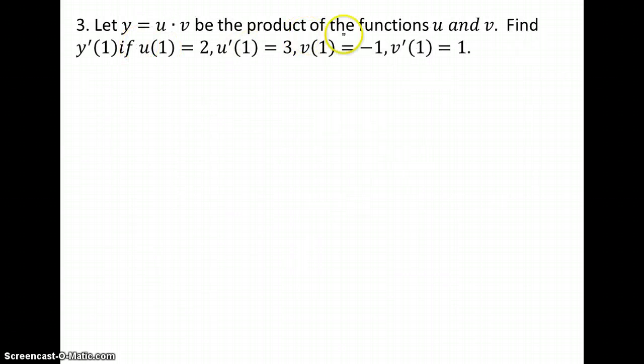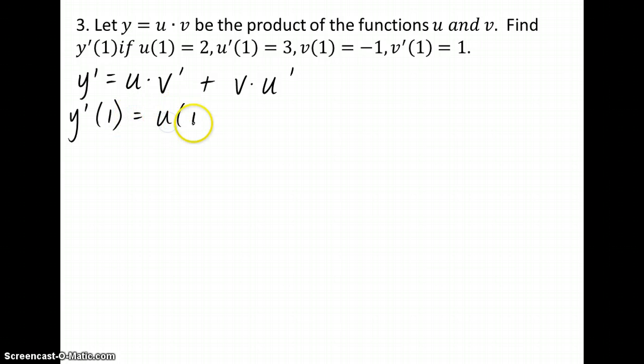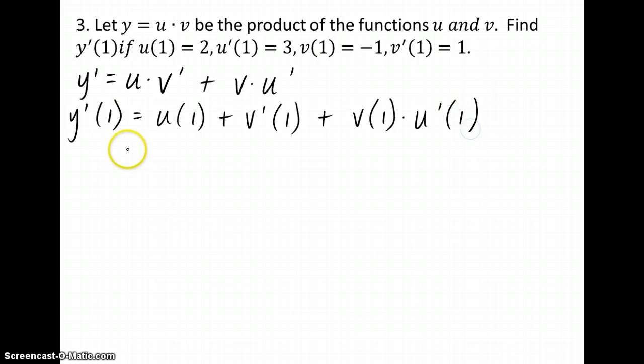So y is the product of the functions u and v. So to find the derivative, we need the product rule. First times the derivative of the second function plus second function times the derivative of the first function. So now to evaluate y prime at 1, we're given the value of these functions.